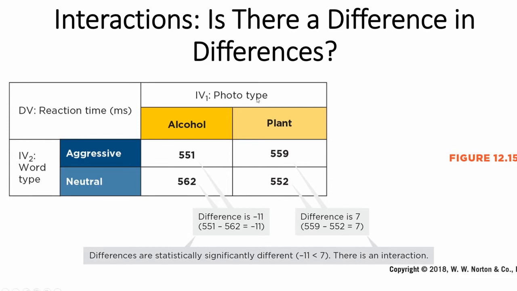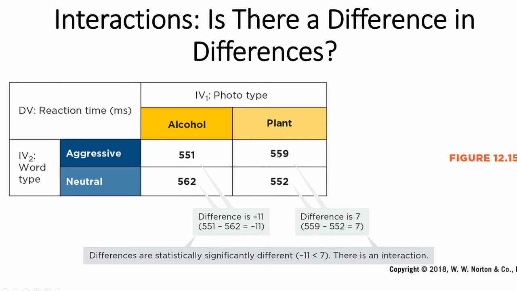So again, with our photo type versus word type, we can calculate our difference for each of these groups. Here, it's actually really hard to see on the PowerPoint slide. This is a little bit easier to visualize in the textbook, but we're looking at the difference between alcohol and aggressive words and alcohol and neutral words. And so the difference between those is minus 11. So if we subtract this and this, we get minus 11.